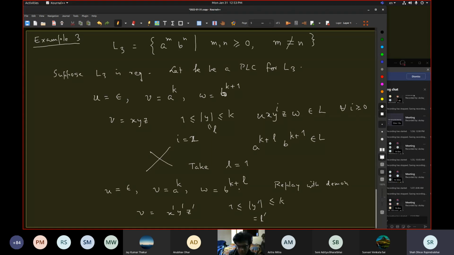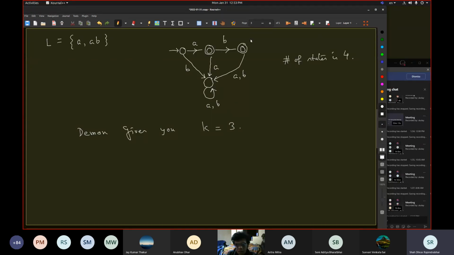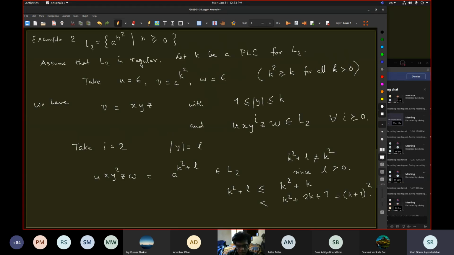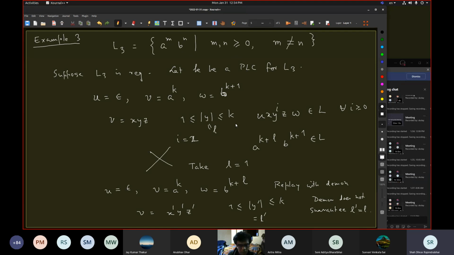But the daemon does not guarantee L prime is equal to L. If you continue to use that DFA analogy, you can take L prime equal to L. But we have seen that this K need not be associated with the DFA. That is why I have given you this example, right? K is 4, but the daemon may give you K equal to 3, and therefore you should not think about the DFA. So once again, you are not justified in assuming that L prime is equal to K.